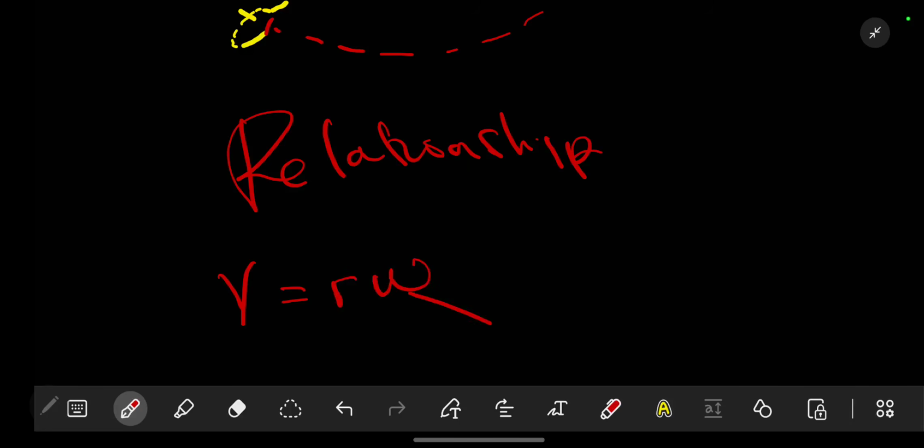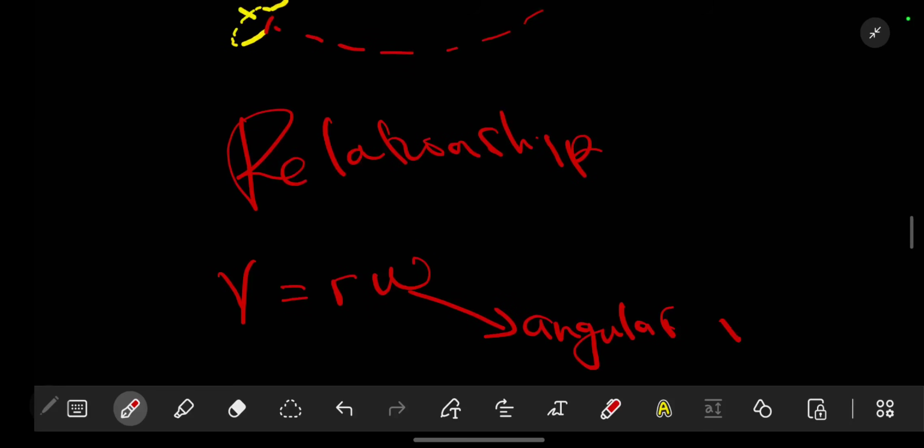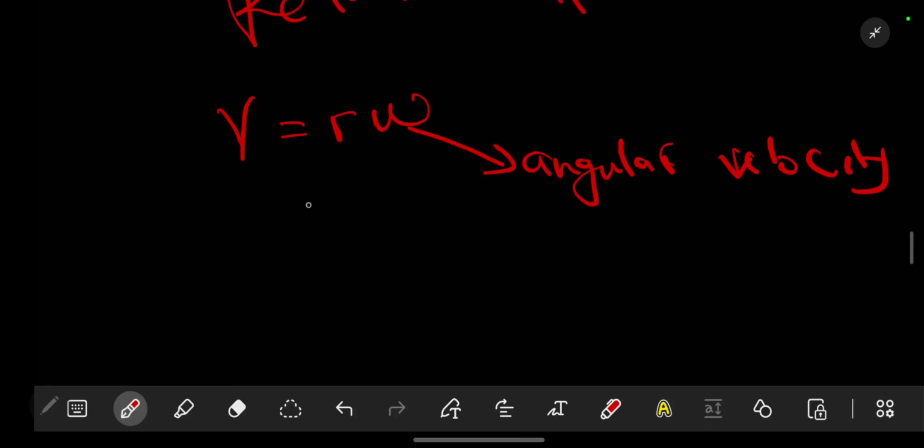So this is the symbol for the angular velocity. Now what you need to know is that this is the radius, and this is the velocity.